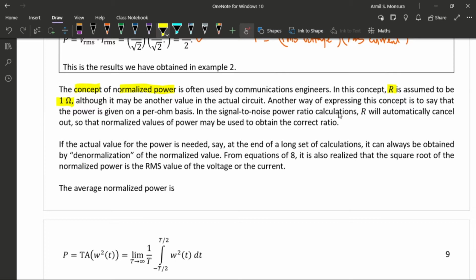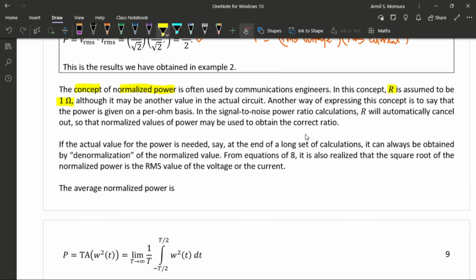So, yung power na i-apply nyo doon is what we call the normalized power. So, once naman na alam nyo yung actual load, especially kung resistive naman talaga yung load, that normalized power can be multiplied or can be scaled, so that you would be able to know kung ano yung actual power na madi-dissipate dun sa load natin.